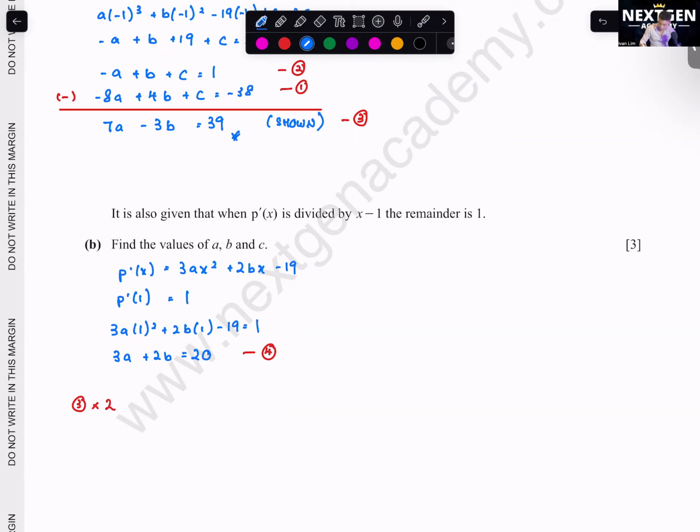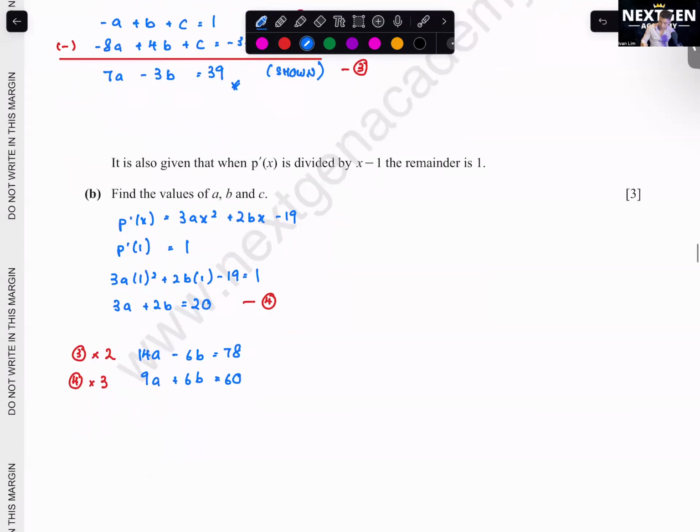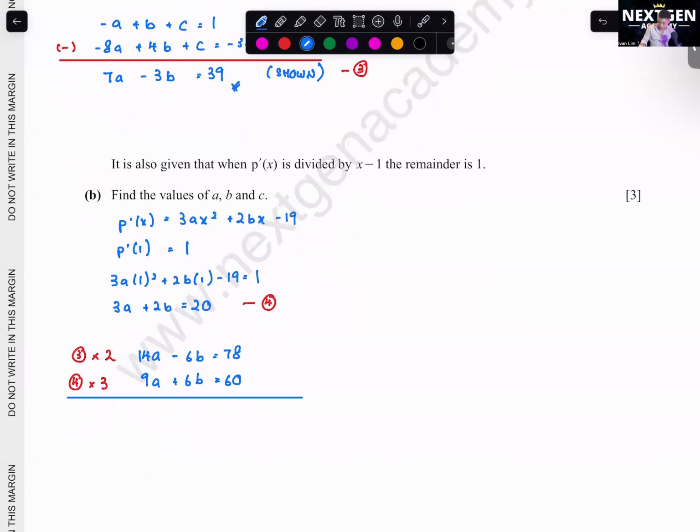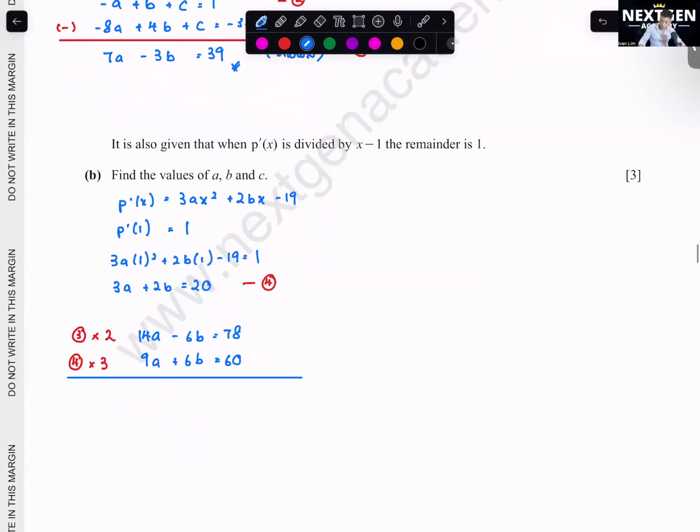Okay, this will be 14a minus 6b equals 78. Then I'll take equation 4 multiplied by 3. Here will be 9a plus 6b equals 60. Okay, we do elimination.